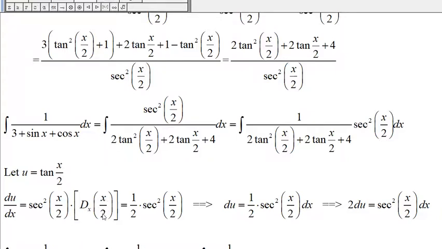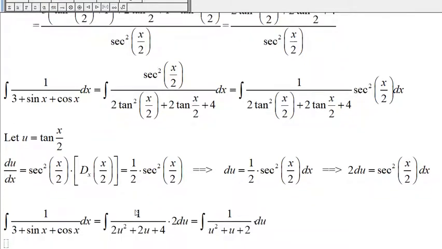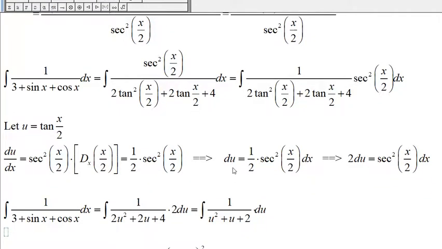X over 2 is the same as 1/2 times x, so the derivative is 1/2. So du will be 1/2 secant squared of x over 2 times dx. Multiply both sides by 2, and we get 2 du is equal to secant squared of x over 2 dx.